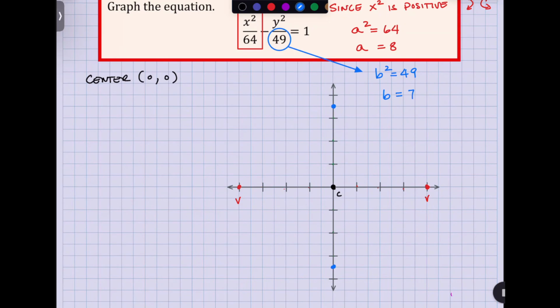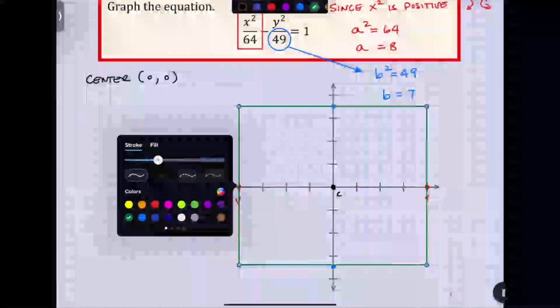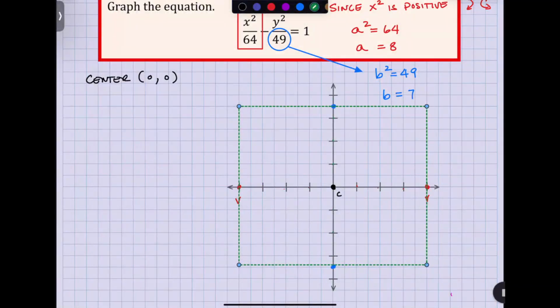So with my A and B, what I'm going to have is this. Everybody see that I can create this box right here with my A and B? Okay?